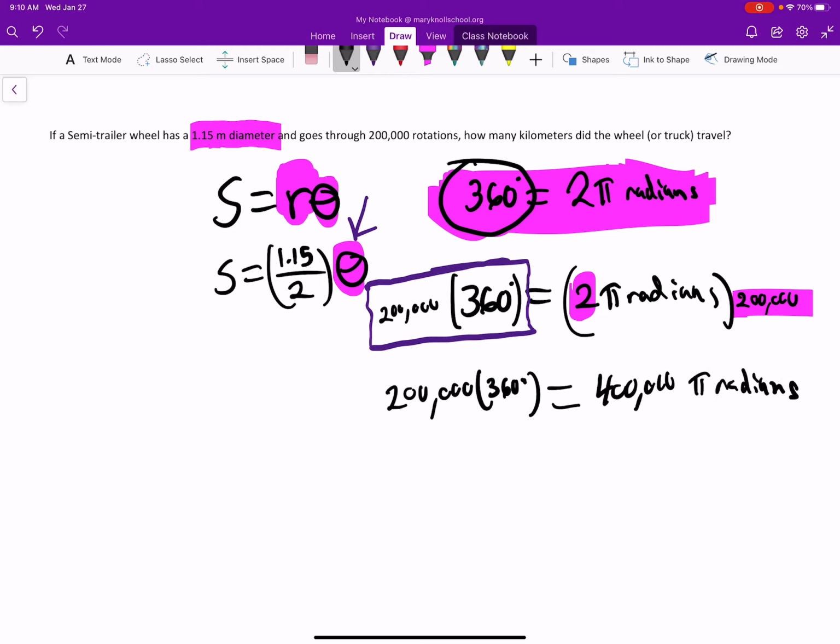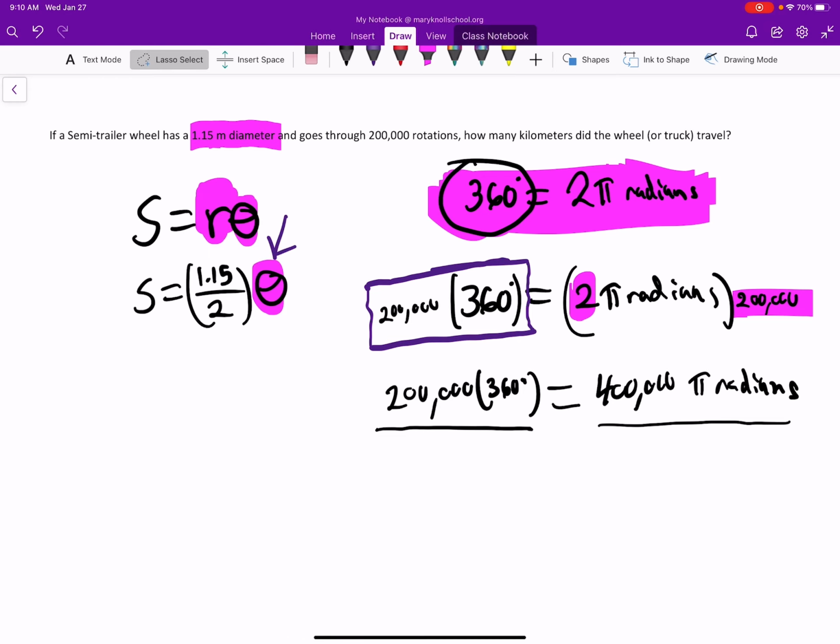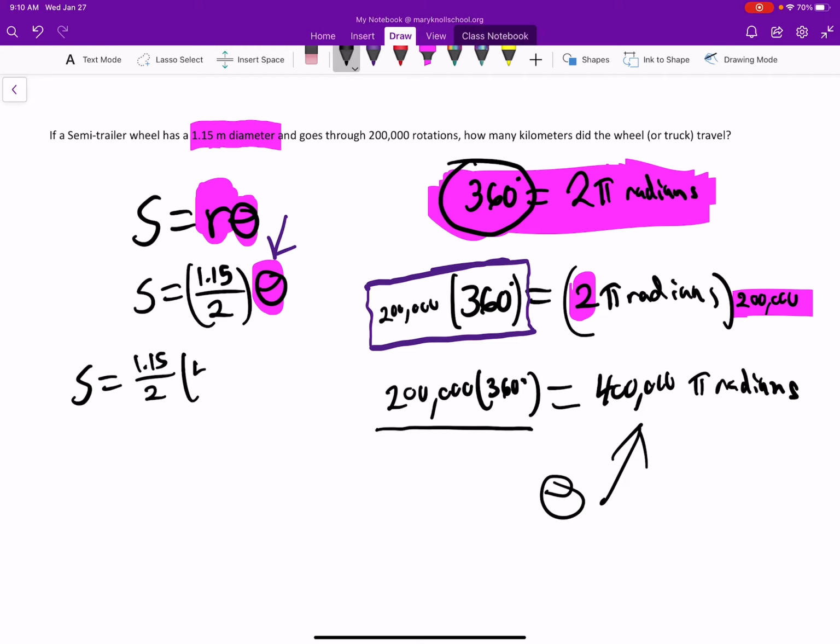So we can see that this is 200,000 rotations, and this is also 200,000 rotations. And this is what we're looking for. This is the theta value we're looking for, because we want to know the amount of rotation. So S equals 1.15 divided by 2 multiplied by 400,000 pi.